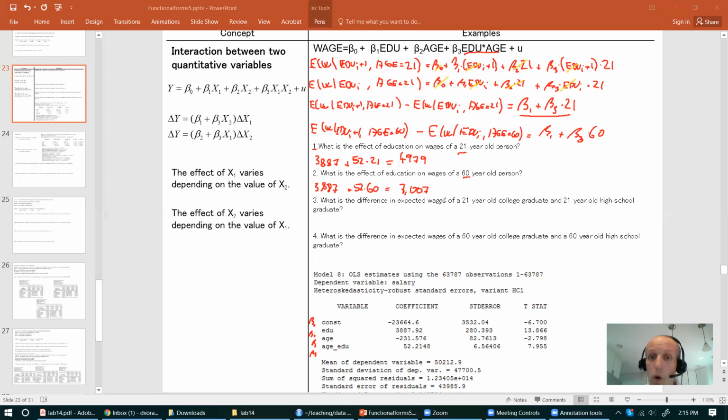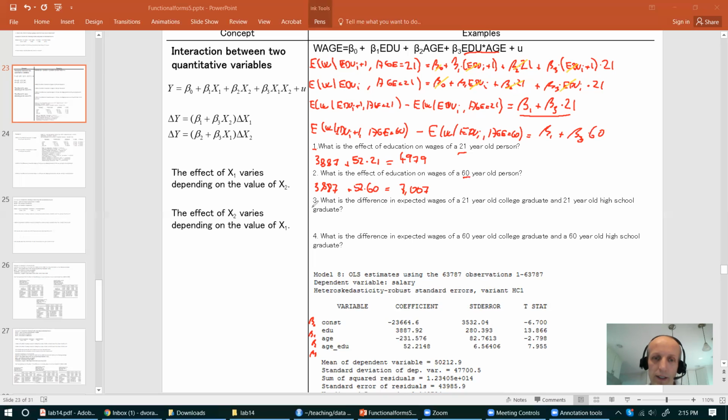If I compare two 21-year-olds with different levels of education, the difference is not as big as when I compare two 60-year-olds with different levels of education. In other words, the benefits of education actually get bigger as you get older.